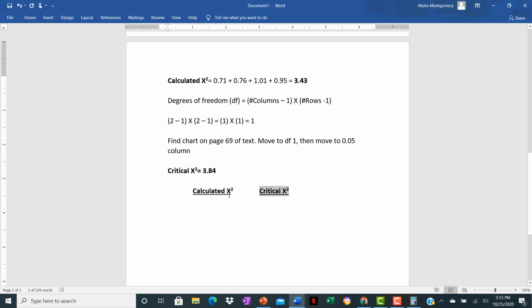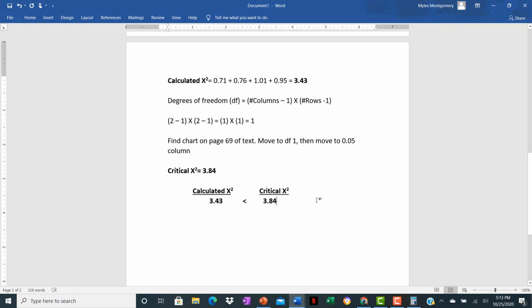The calculated value in this case is 3.43, and our critical value over here is 3.84. What's bigger? Obviously, this critical value is bigger.